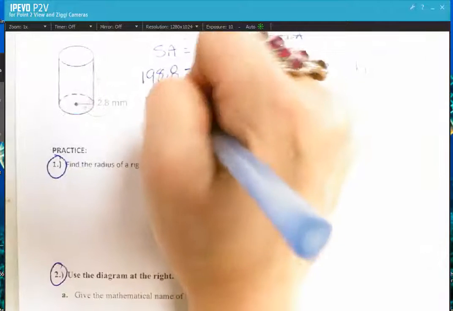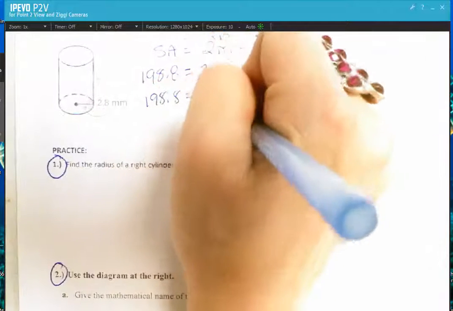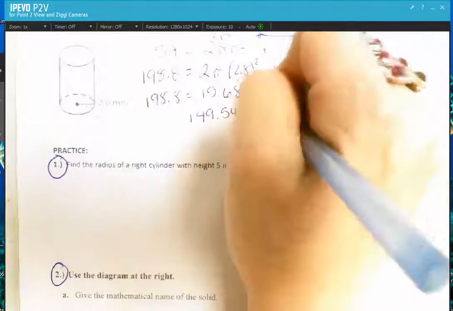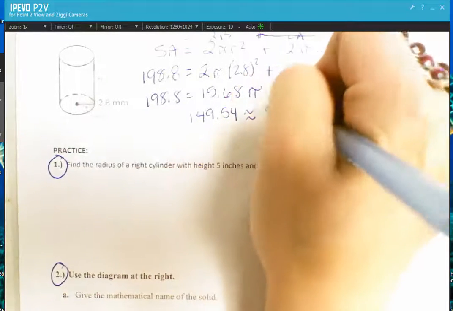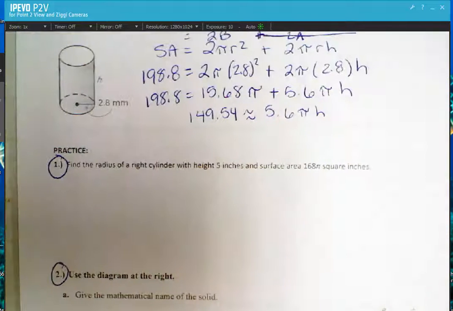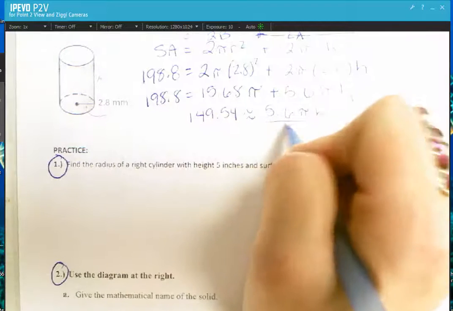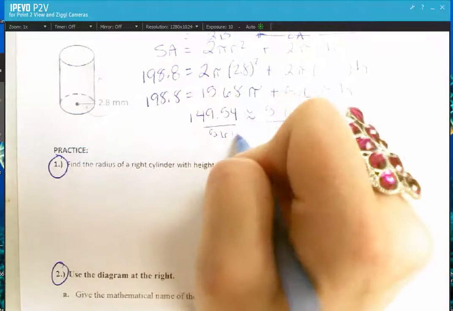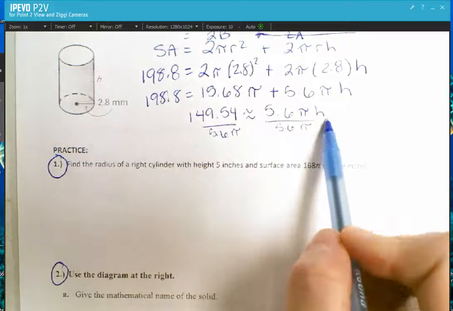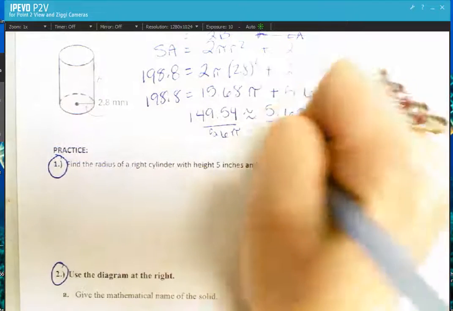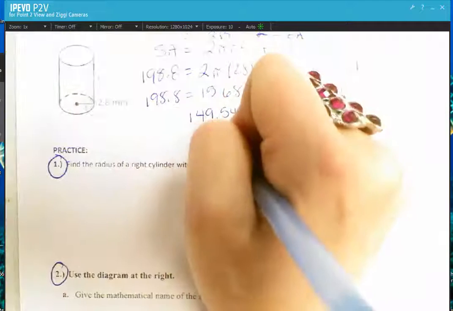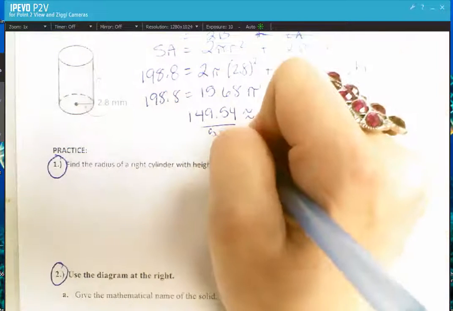I end up with 149.54 is approximately, because I had to approximate with pi, 5.6 pi h. Then I'm going to divide both sides by 5.6 pi so that I can isolate h. In my calculator, I get h is approximately 8.5 in millimeters.